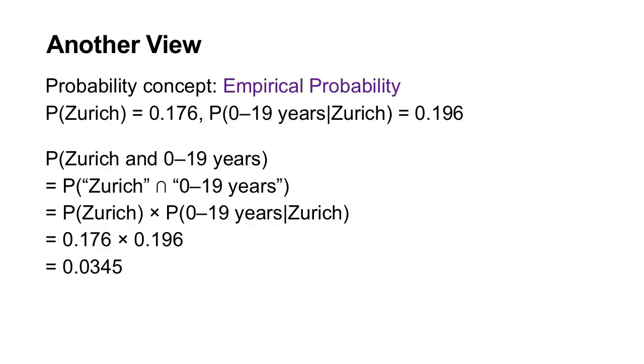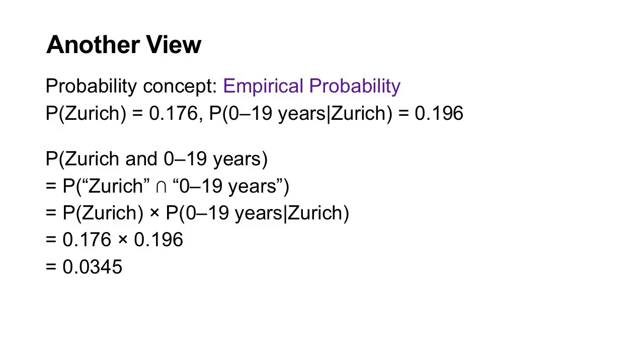But now let's take a look at just this everyday calculation in the context of conditional probabilities. If we take these proportions as our definition of probability, the empirical probability concept number 2 from what we saw in the previous module, then we would say the probability that someone is from Zurich is 0.176. The probability of someone being young in the canton of Zurich, the probability of 0 to 19 years given the person is from Zurich, is 0.196.